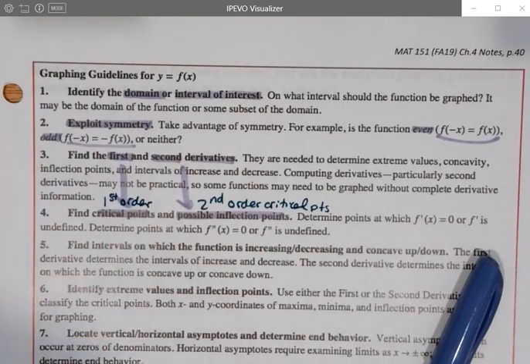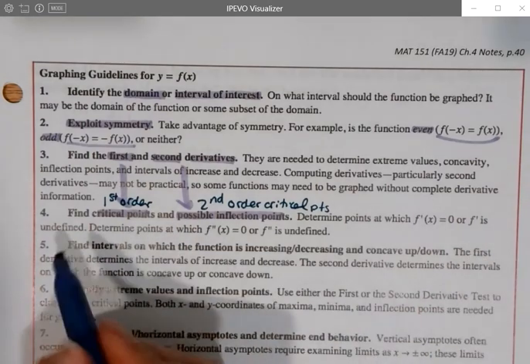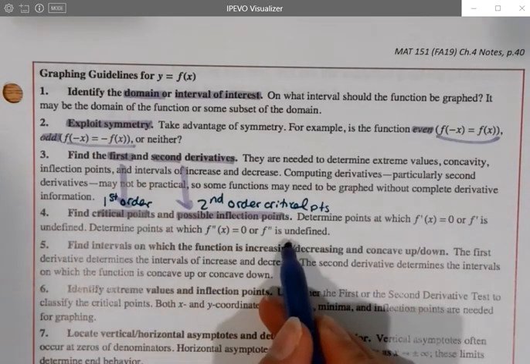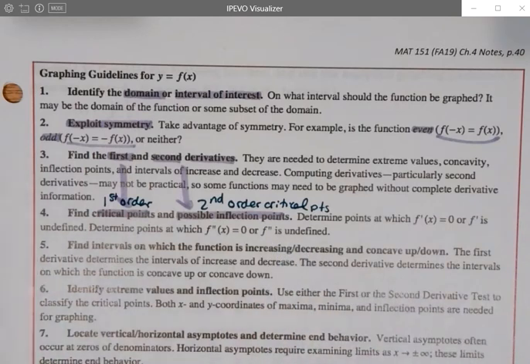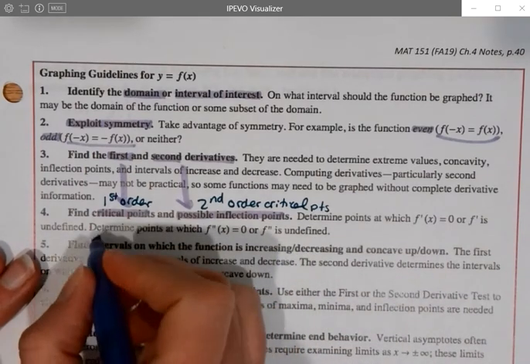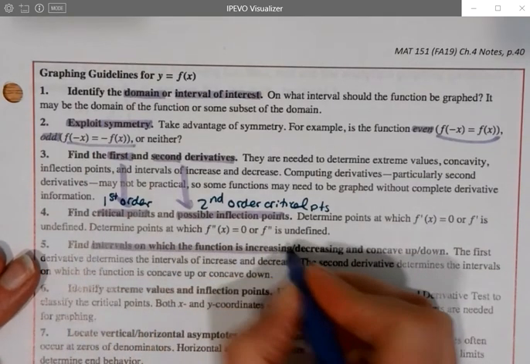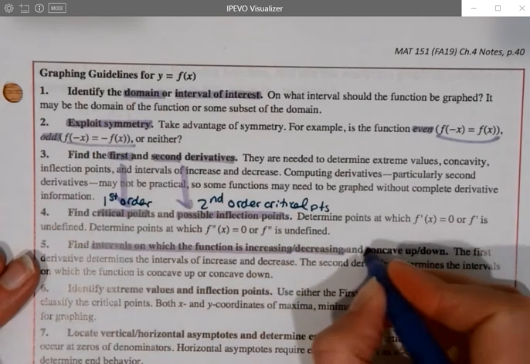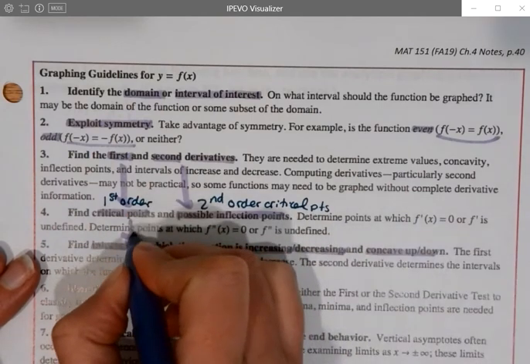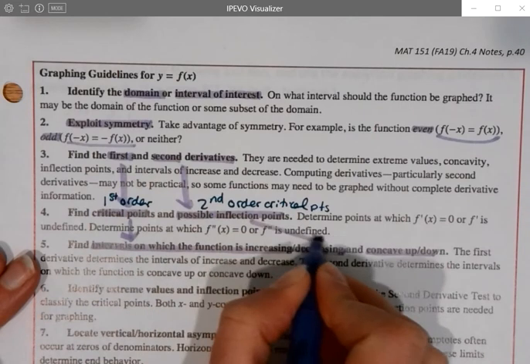And again, you're looking at all places where the derivative is both equal to 0 and fails to exist. Same thing for second derivative equals 0 or fails to exist. And then we're going to want to find the intervals in which the function is increasing or decreasing and concave up, concave down, using our first derivative again and our second derivative.